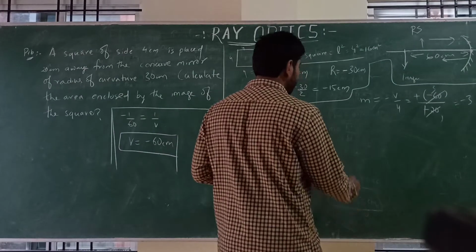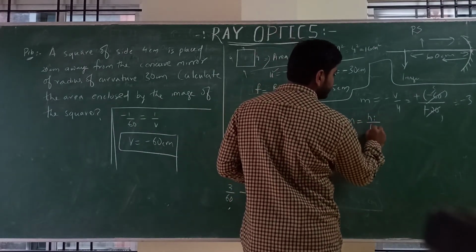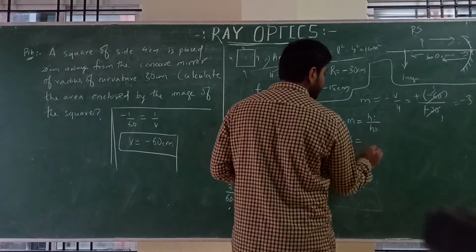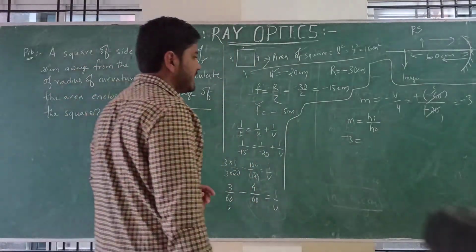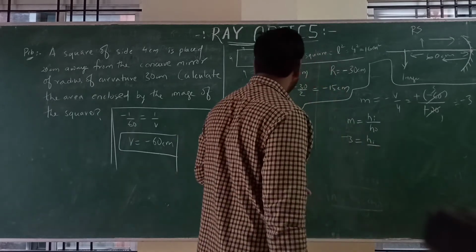Now take one more equation, M is equal to hi by ho. Just substitute it. M is minus 3 is equal to hi, the height of the image which we have to calculate, divided by the height of the object.